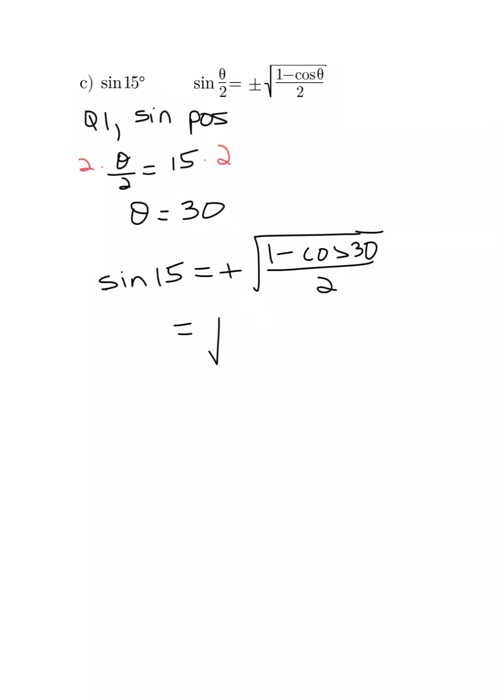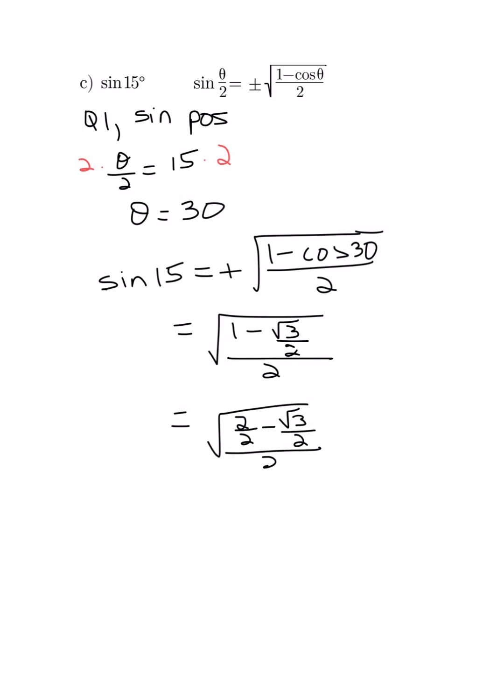So we're going to have the square root of 1 minus the cosine of 30, which is the square root of 3 over 2, and then that all goes over a 2. So you're going to find that there's a lot of repetitiveness in these answers, a lot of similarities. So we now have, let's get common denominators for the two terms in the numerator, 2 over 2 minus the square root of 3 over 2. All of that is over a 2.